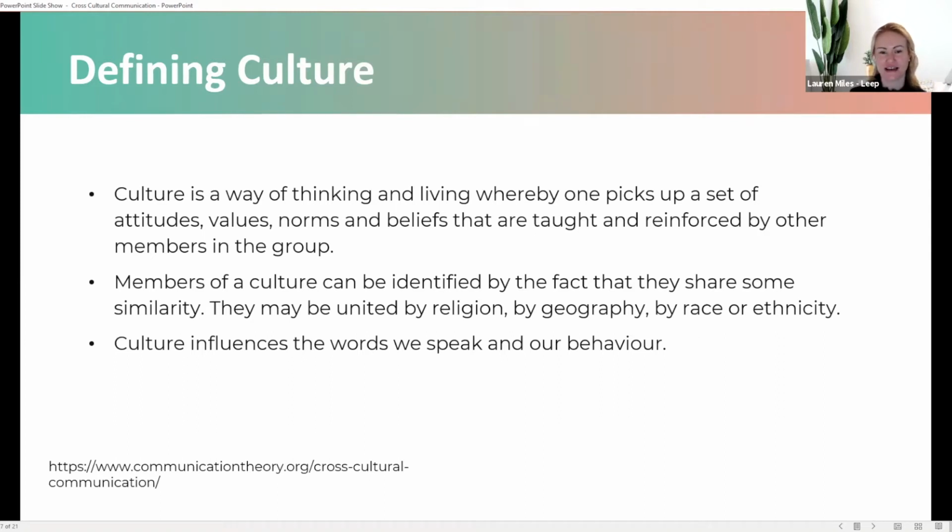And these norms and things that we see as our truth are reinforced by other people in the group. That might be family, community, religious groups, or your country. Members of a culture identify that they share a similarity. As I said, it could be geography, race, ethnicity, and culture influences the words we speak and our behaviour.